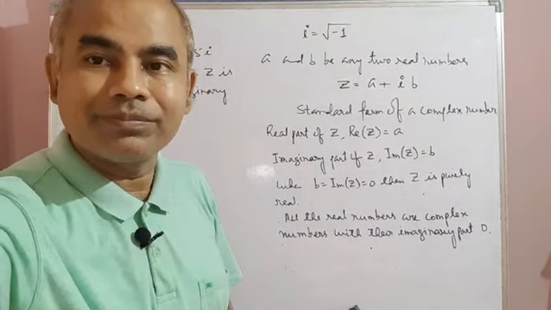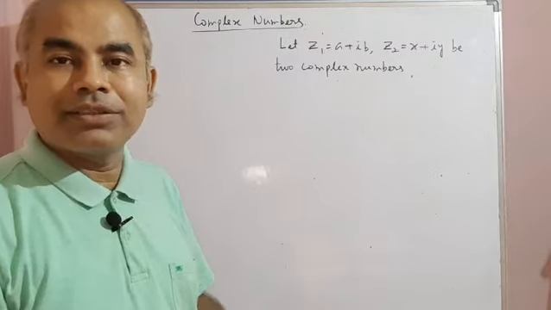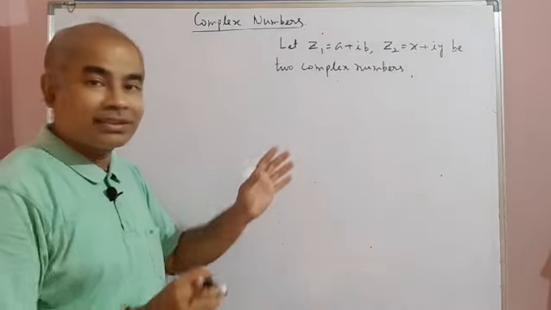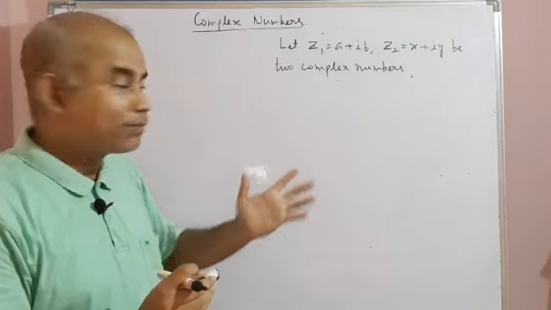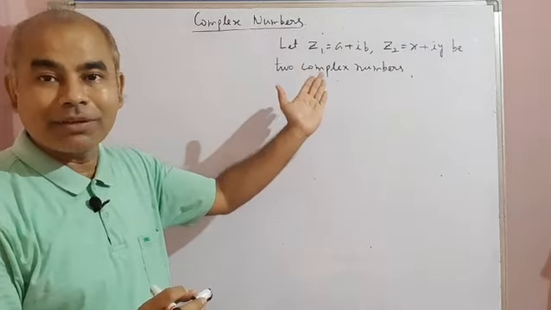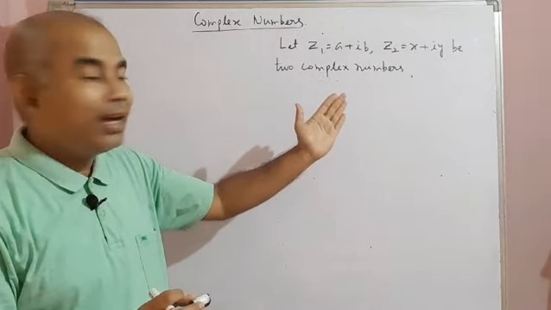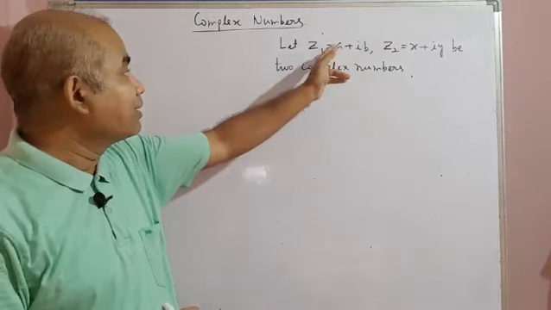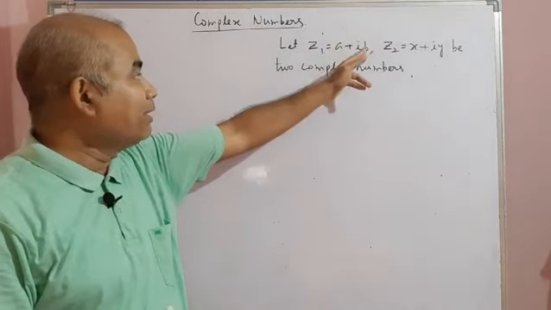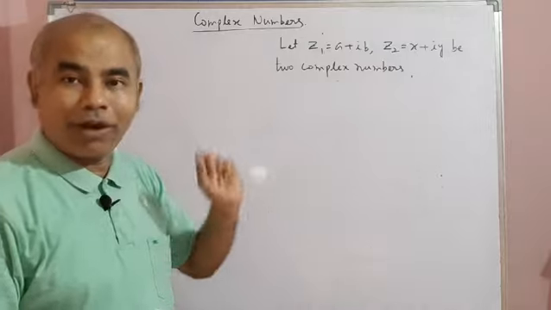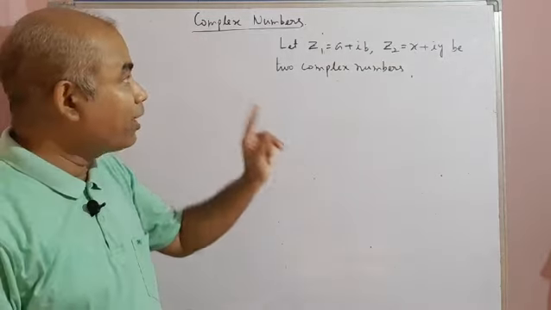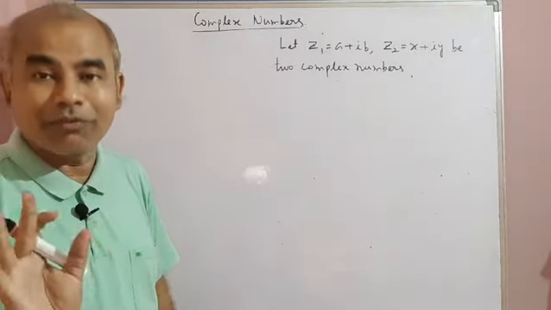Okay. So now, students, we are going to discuss something related to complex numbers. For that, let me take two complex numbers, one denoted by z1, another by z2. z1 has real part a, imaginary part b, z2 has real part x, imaginary part y. Now, first of all, when will these two complex numbers be equal?